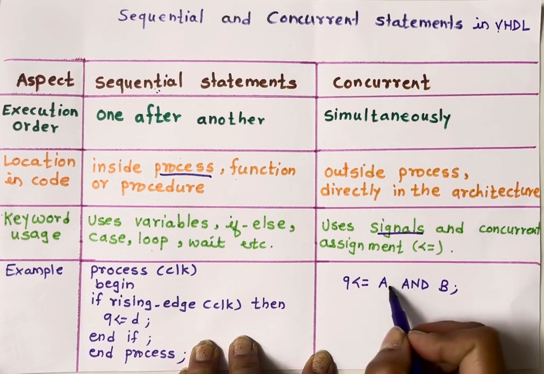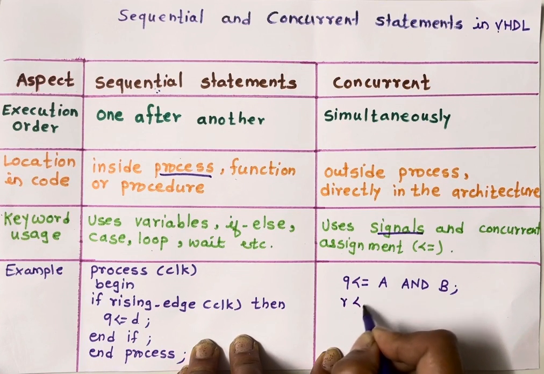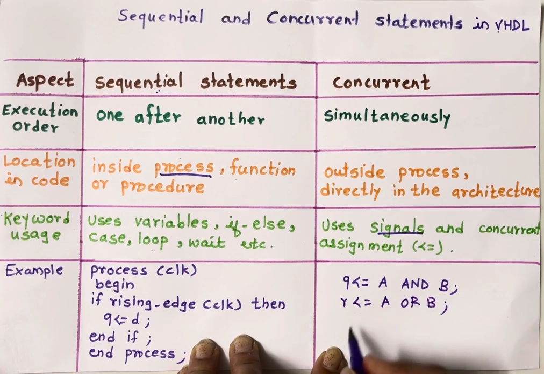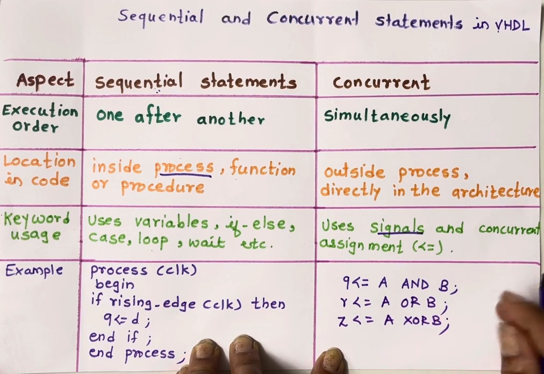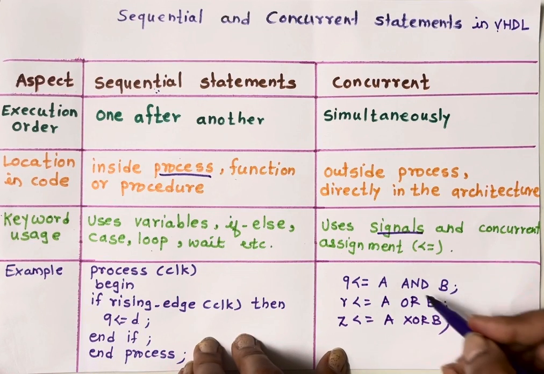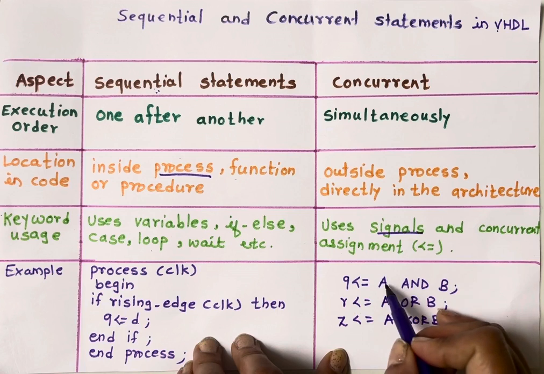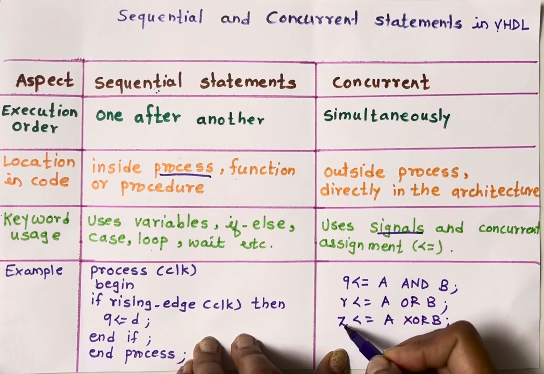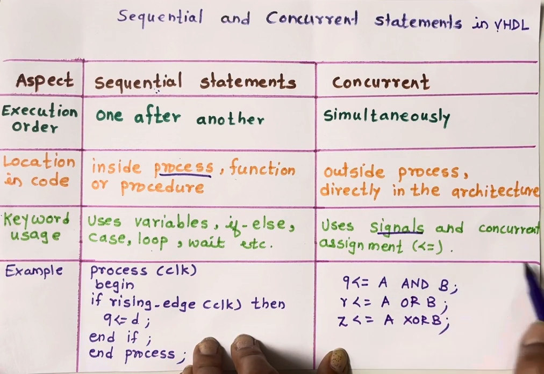So here Q is assigned as A and B. Let's say R is assigned as A or B. Let's say Z is assigned as A XOR B. So here these are concurrent statements. It means all of them will execute simultaneously. So when value of A or B, any one value will change, our Q, R and Z will change simultaneously. It's not like first statement will get executed, then second and then third.